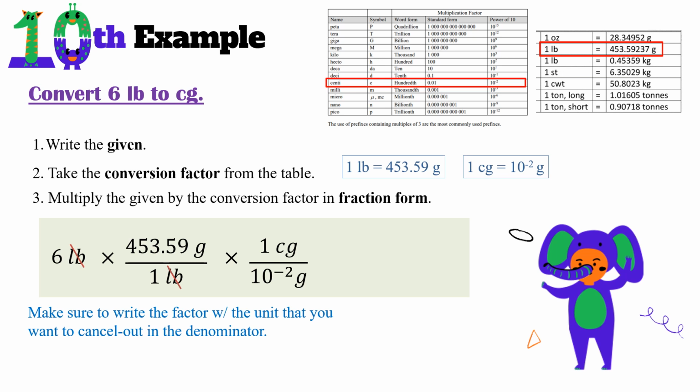Now we'll proceed with the next conversion factor, that's 1 centigram equal to 10 raised to negative 2 gram. So the factor with the unit gram is in the denominator. So gram will cancel out and you will be left with the centigram. Now perform the operation. You will get 272,154 centigrams.